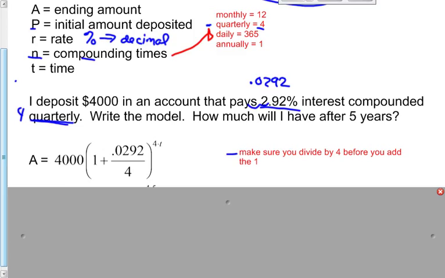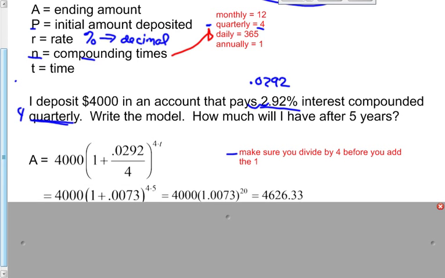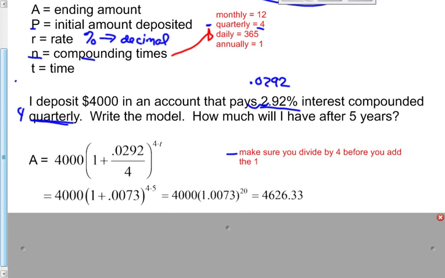Too often people want to do 1 plus 0.0292 and get 1.0292 and then divide by 4. No, you can't do that. Order of operations, you need to divide first. So on your calculator, get this number first, then you can add in your 1: 0.0073. Then add in the 1. 4,000 times 1.0073 raised to the 4t.